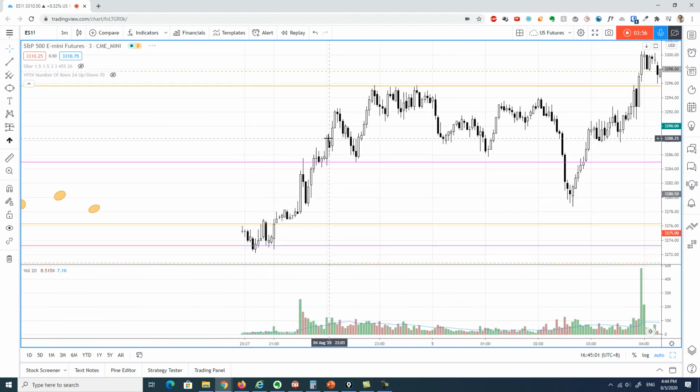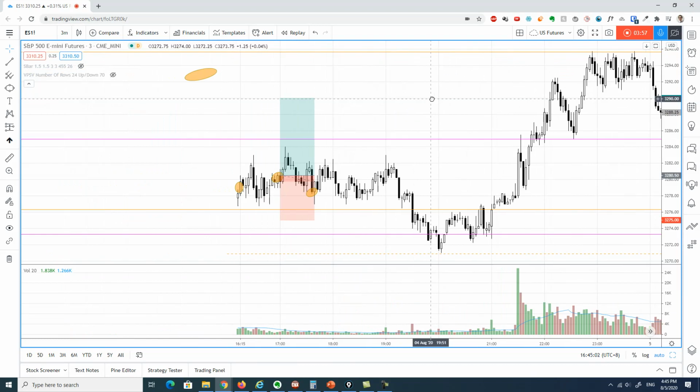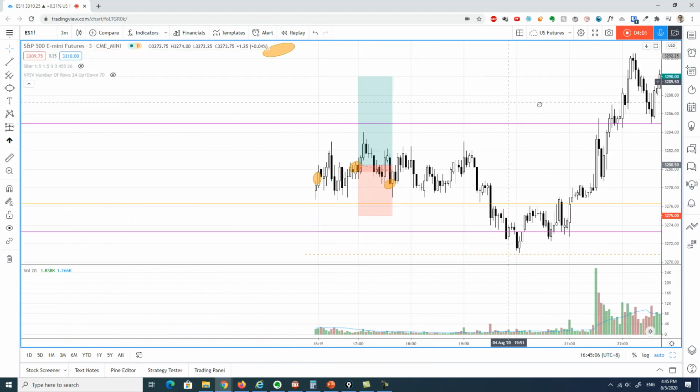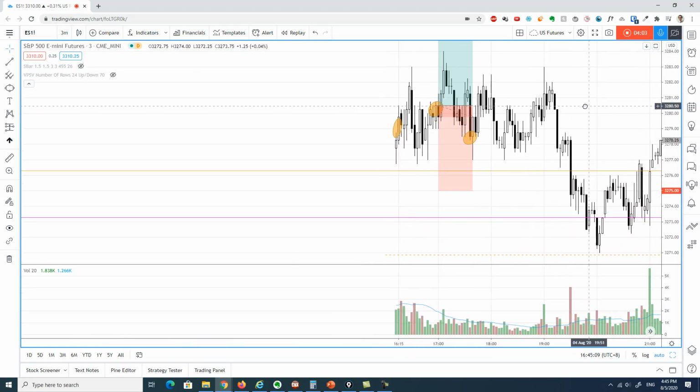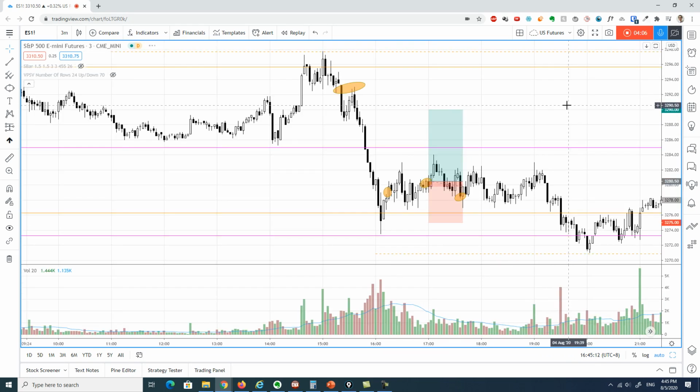Yesterday, I had a very strong bias because everything looked very bullish, and we didn't really have any kind of bearish sign. So everything just looked good, and I just stuck to my bullish view.